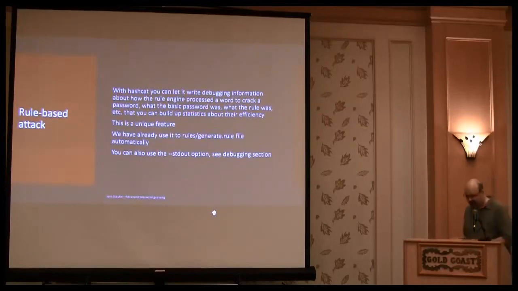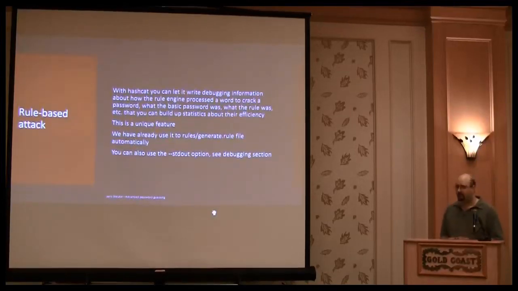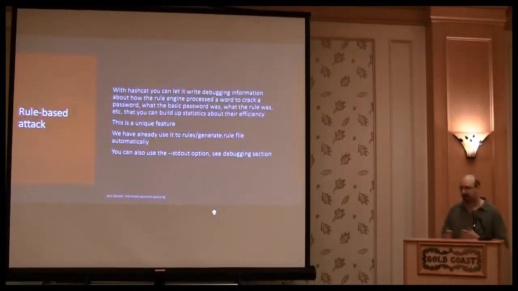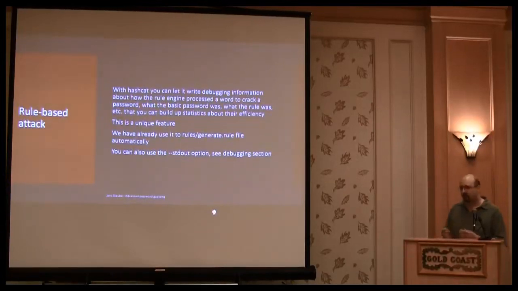Okay, so Hashcat has a debugging function. This is very unique because you can output the words that have been used for the generation of a candidate that actually cracked the password. So if you want to analyze which words have been very efficient in combination with some rules, you can use the debugging function.